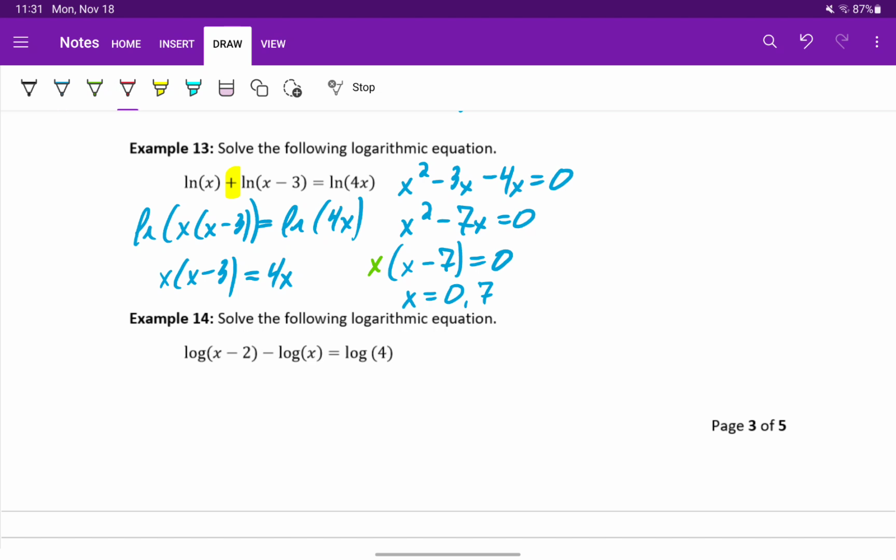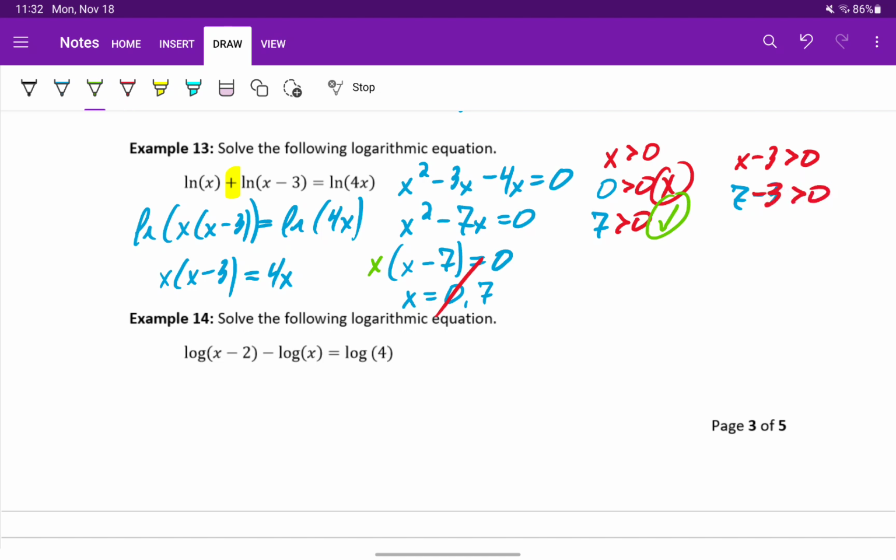Then we need to check these against each of the original logarithms. So the first one is just the natural log of x, so we need our value for x to be greater than 0. Our first solution of 0 is not greater than 0, so that already fails. We'll throw that out. Then we just need to check 7. 7 is greater than 0, but we also need to check that x minus 3 is greater than 0. 7 minus 3 will be greater than 0, so that checks out.